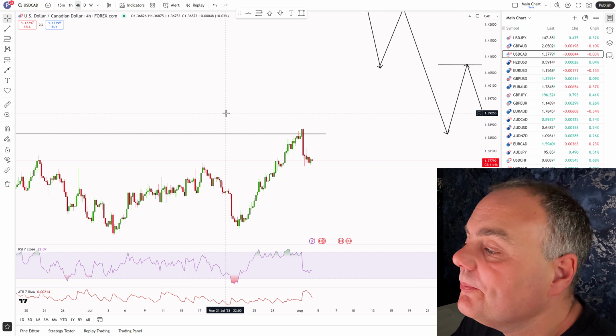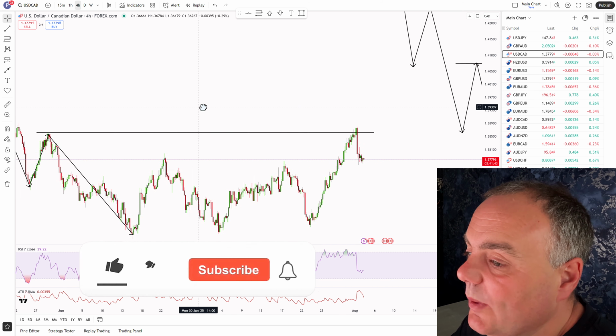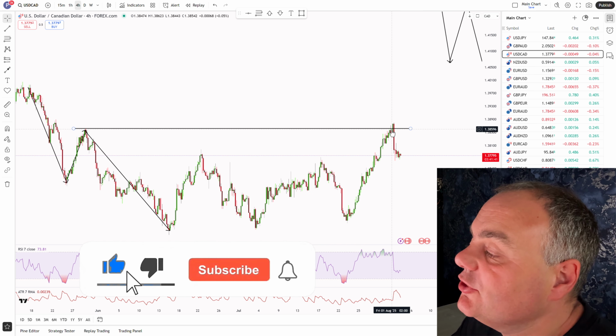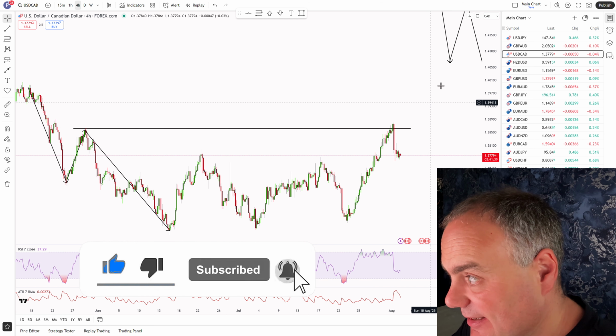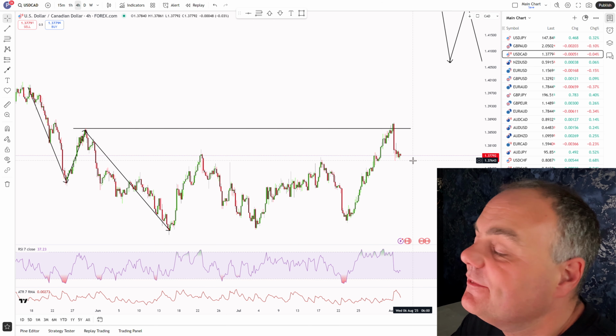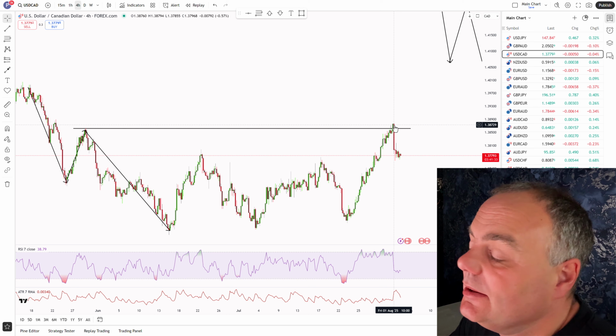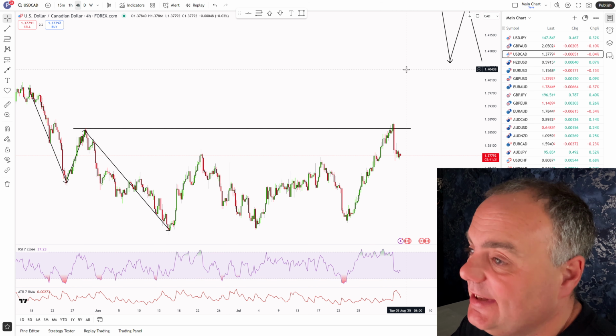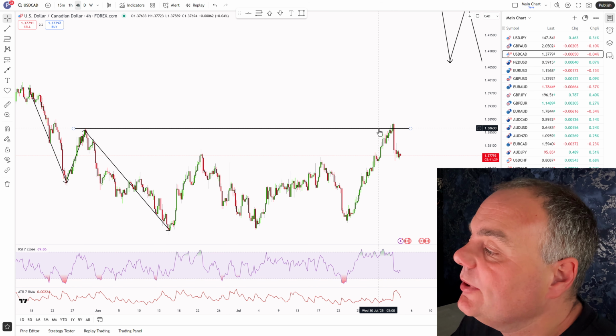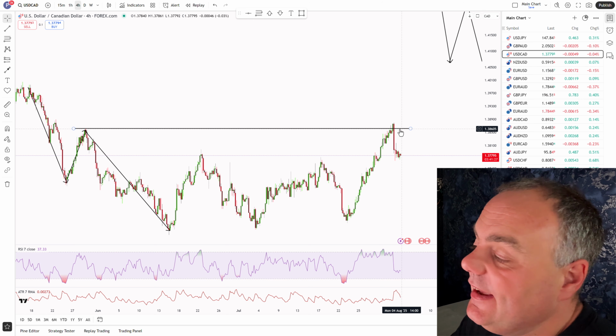It's a bit like a fake breakout, where it pushes just a little bit past the line and doesn't actually give you that breakout. So this is a fake reversal.